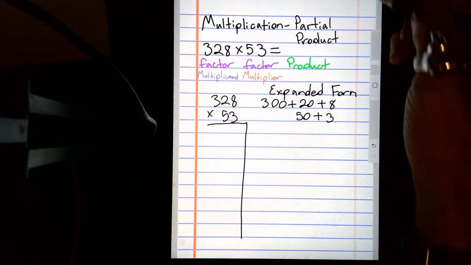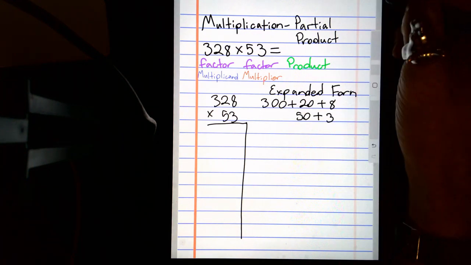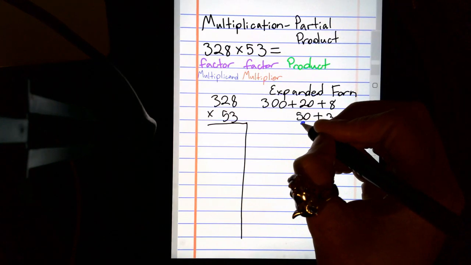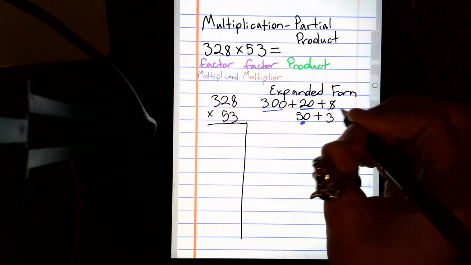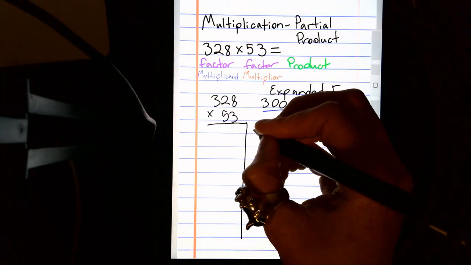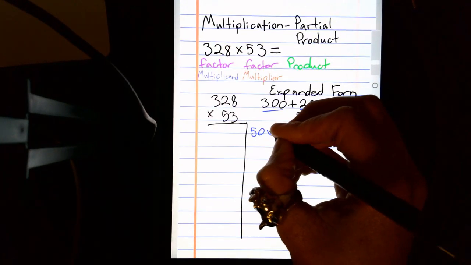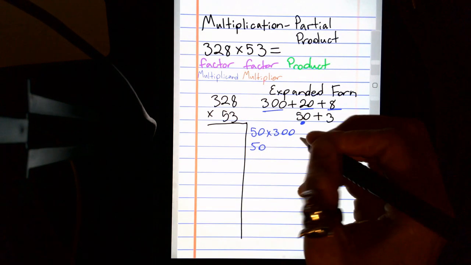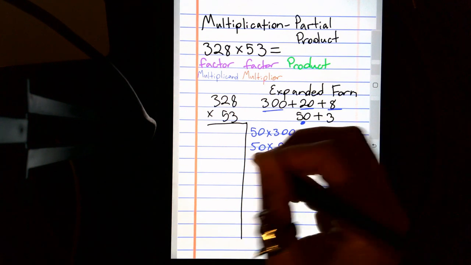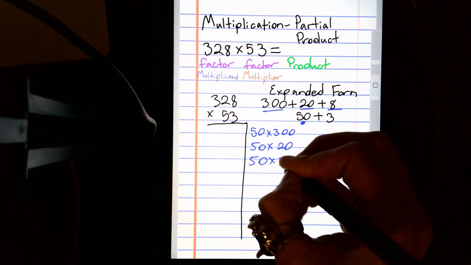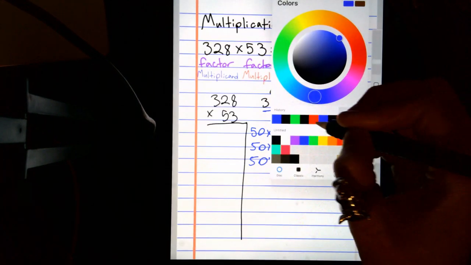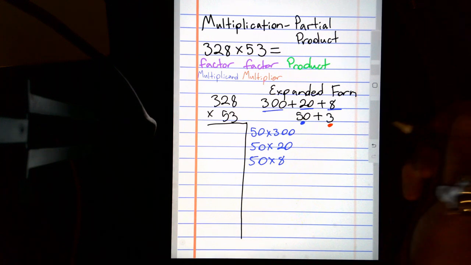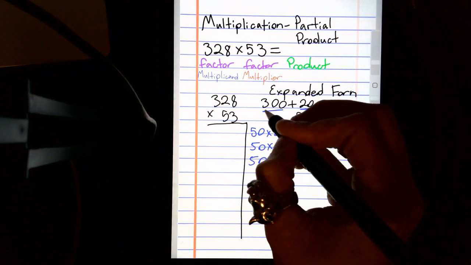So, our first set, we will make sure that we multiply this number by each of these, resulting in 50 times 300, 50 times 20, 50 times 8.